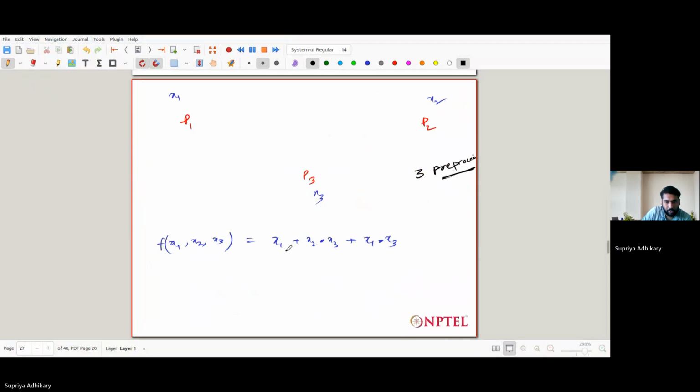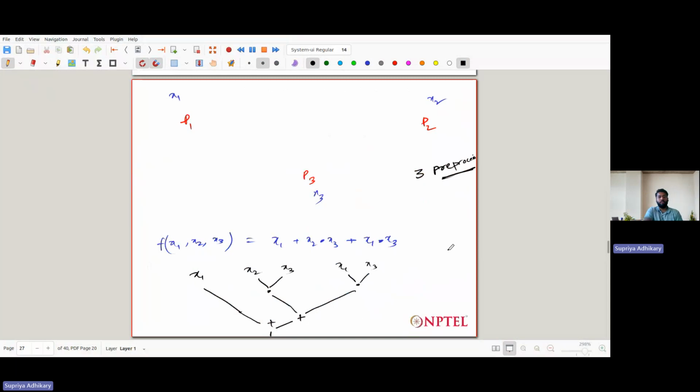And again, to compute this circuit, we need x2, x3 to be multiplied together. Then x1, x3 are also to be multiplied together. This is added, and finally this value is added, and we get the final value over here.